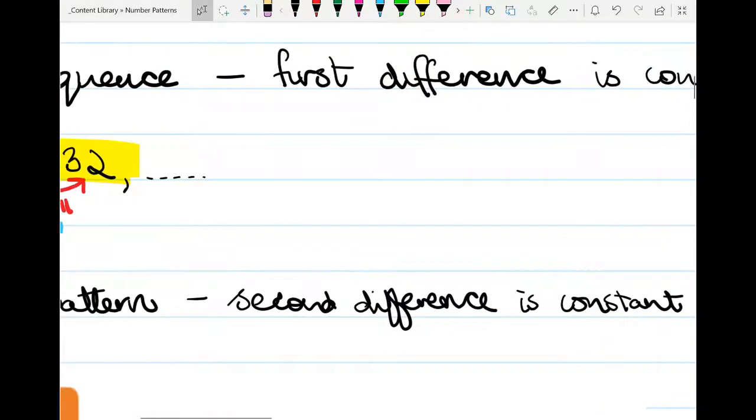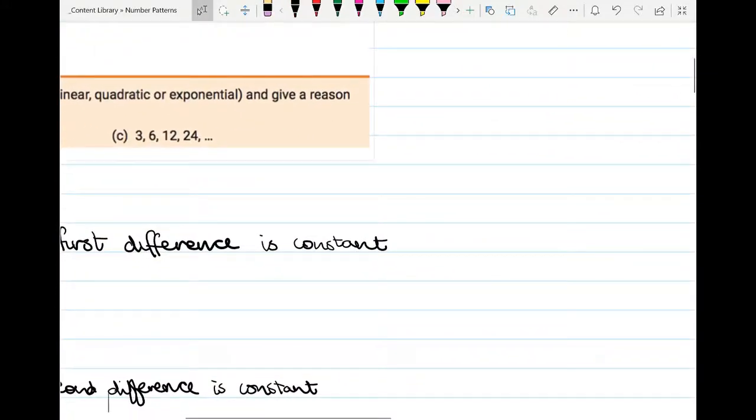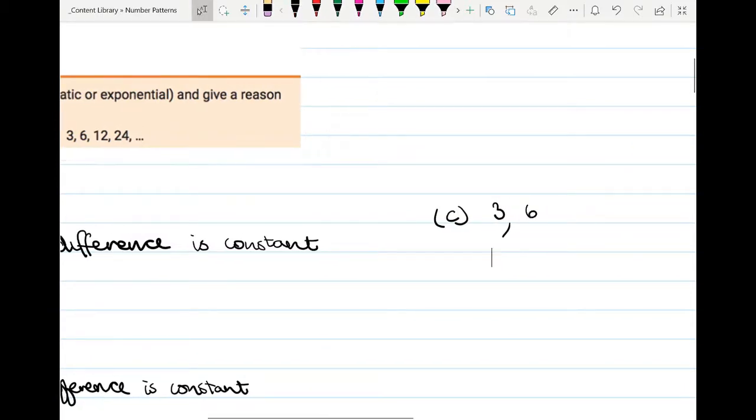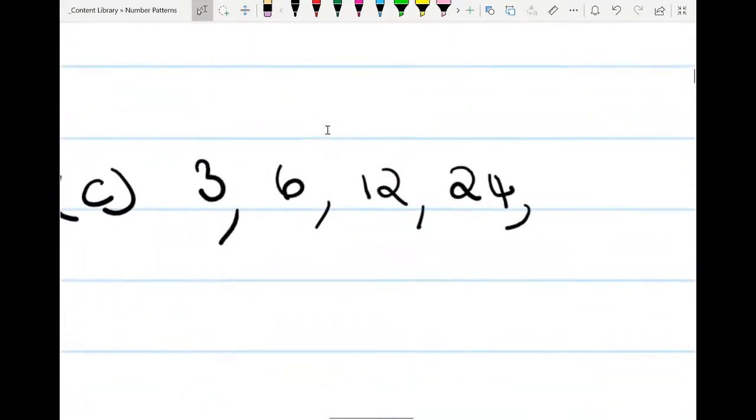So there's one more, and again you would have met this in first year, but we're going to examine it here again. And here's the pattern 3, 6, 12, 24. Okay, now you might recognize it straight away, but in case you don't, let's just have a look at how you could do an examination of this.